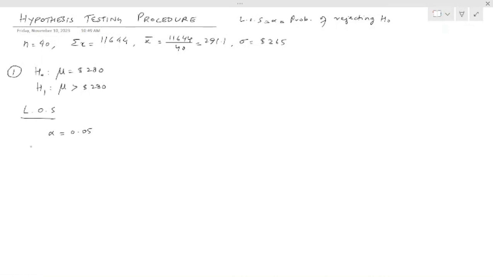So after stating the hypotheses and the level of significance, we need to now decide about the test statistic. That's step number 3.